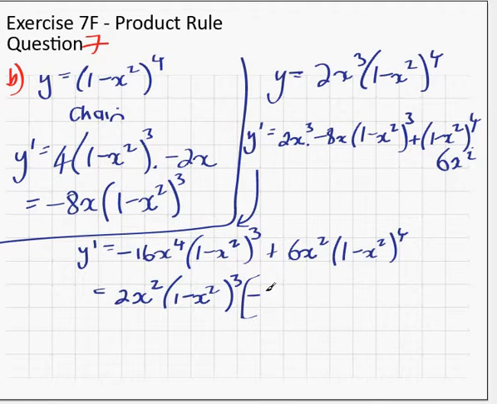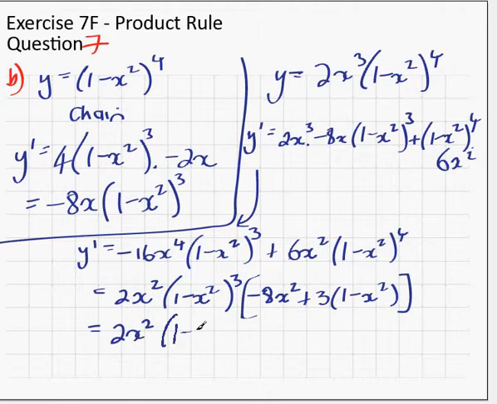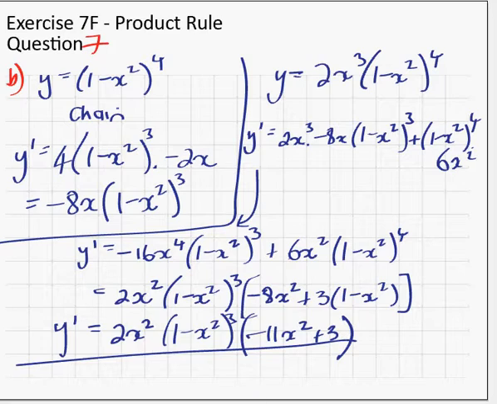That leaves me with minus 8x squared plus 3 1 minus x squareds. Minus 8 minus 3 is minus 11 plus 3. This is my final derivative piece.